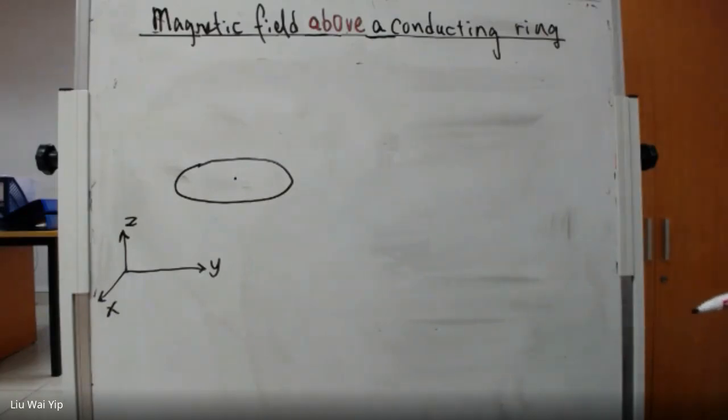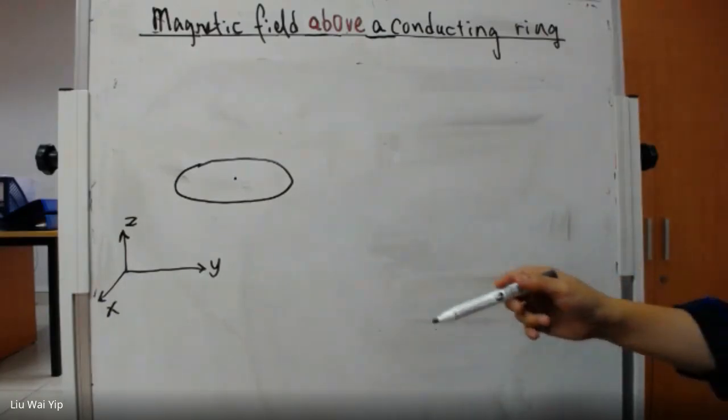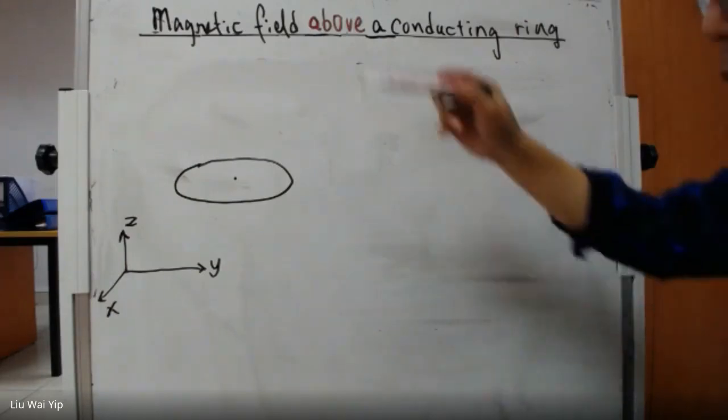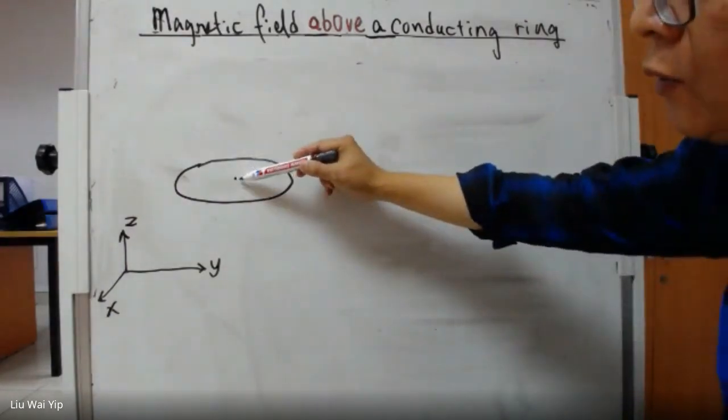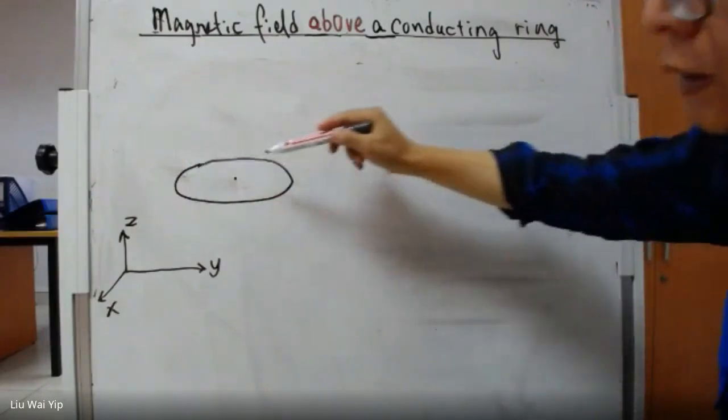In the last video, we already learned the magnetic field right at the center of a circular conducting ring.